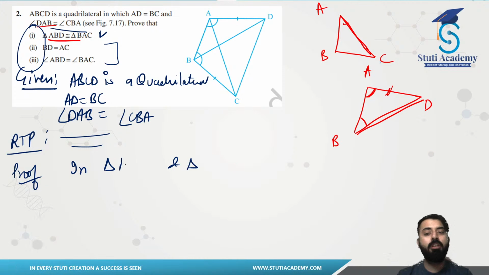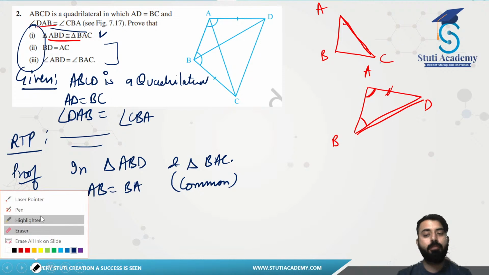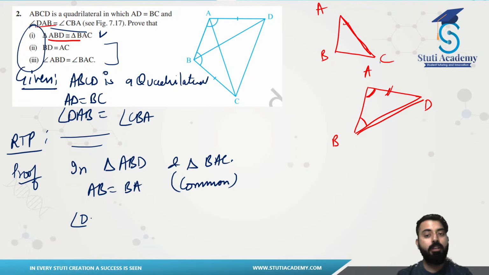Name them like this: ABD and BAC. So you guys see, I know AB is equal to BA, which is common. I know angle DAB, which is this angle, is equal to angle CBA.